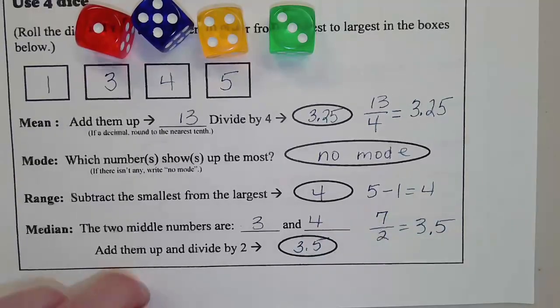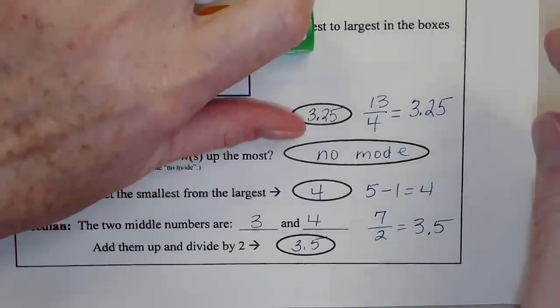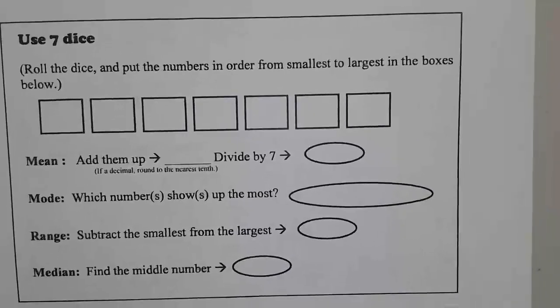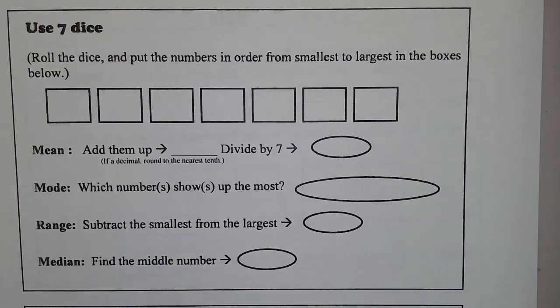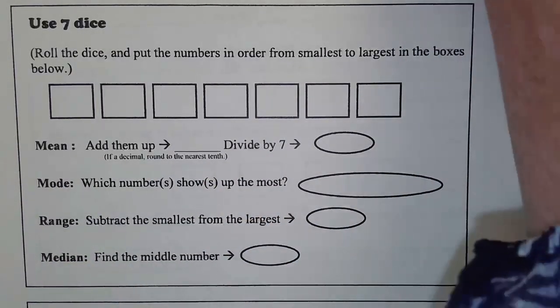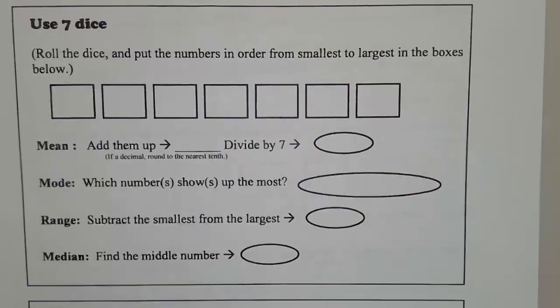Questions? Now for the back, you're going to do those on your own. I'm going to give you the dice to use. I'm going to leave them under the camera so you can see. Okay? So I'm going to flip this over. All right, so for 7, six, 7.